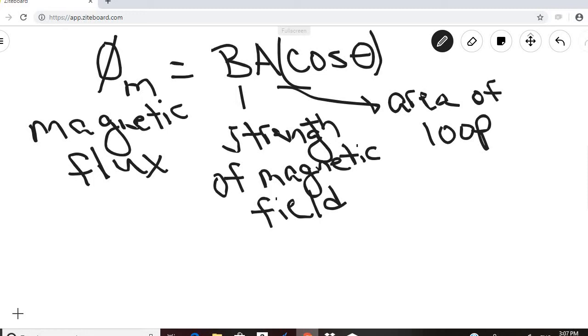I'm not going to ask you to use this equation, but basically what you need to understand is that if you increase the strength of the magnetic field, or if you increase the area, that is going to increase the magnetic flux.